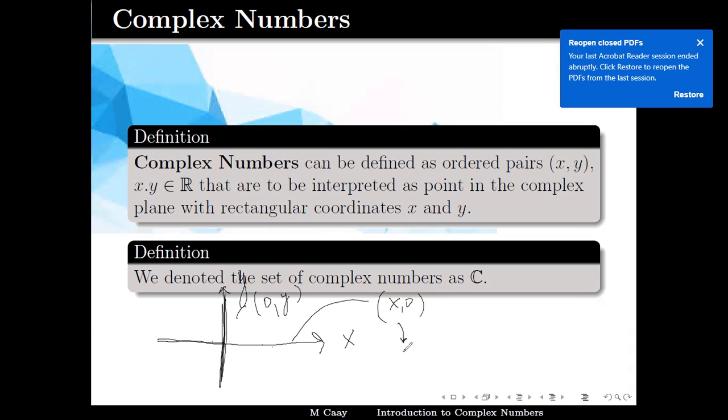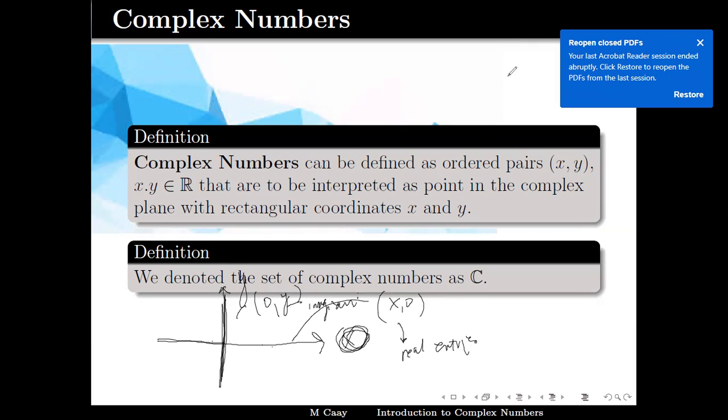So this represents the real numbers. This, however, doesn't have real entries, but imaginary entries. So technically, this x-axis represents the real axis, and this y-axis represents the imaginary axis.